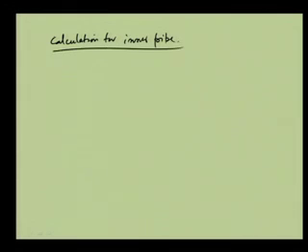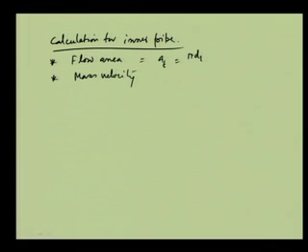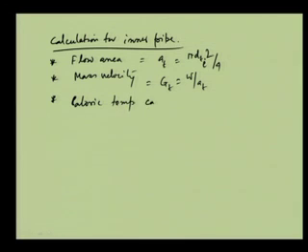Okay. In the calculation for inner pipe, what we have to calculate is the flow area. Then we have to calculate mass velocity. For the tube side, AT is equal to pi dTI square by 4, and GT will be equal to W, the mass flow rate, divided by AT. Okay. And then caloric temperature calculation, if needed.